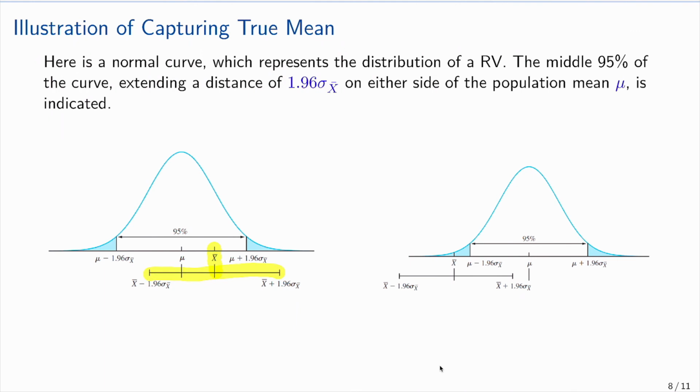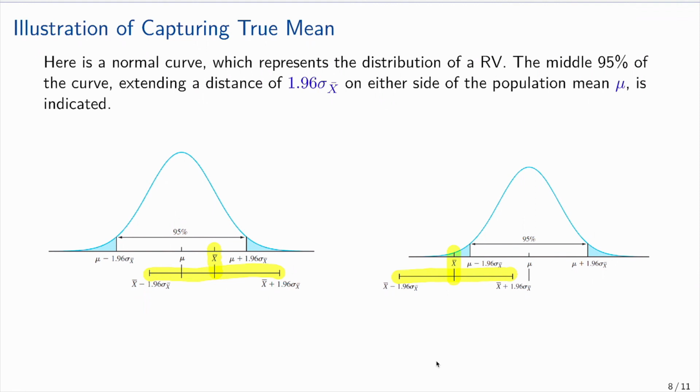In this particular case, we can see that the mean is inside the interval of confidence, so we're good. But there could be cases like the one on the right hand side. We have the same size for the interval of confidence, but in this case the mean is far away and the interval of confidence doesn't actually contain the mean. In this case, we are not capturing the mean inside the confidence interval.